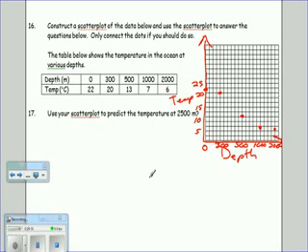So use your scatter plot to predict the temperature at 2,500 meters. What do you think it's going to be 500 meters further than what we have on our scatter plot? Again, this is kind of close. EOCT, multiple choice. I'm sure they wouldn't give you 6 and 5 as your answers.